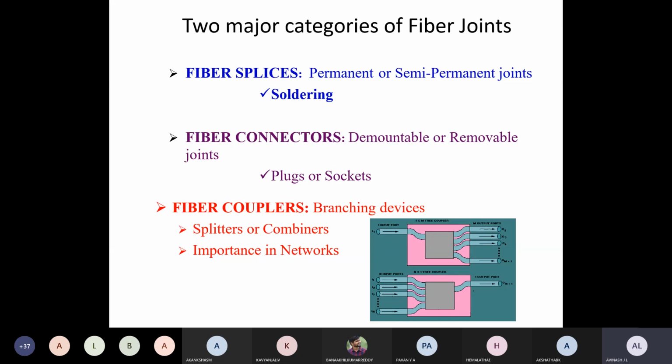I'll give you 1 minute to make a note of it, because these are important questions they will be asking in the examination, like explain fiber couplers. You need to answer properly with respect to the diagram. Once it is done, please tell me.